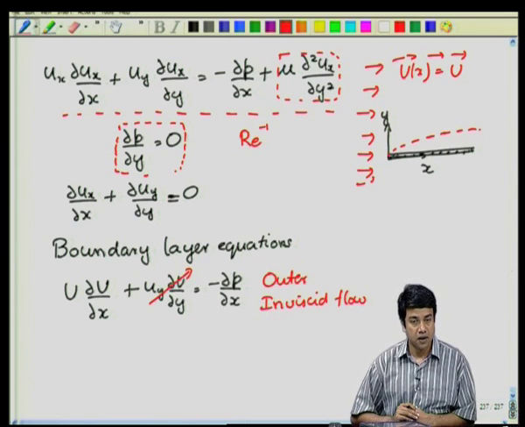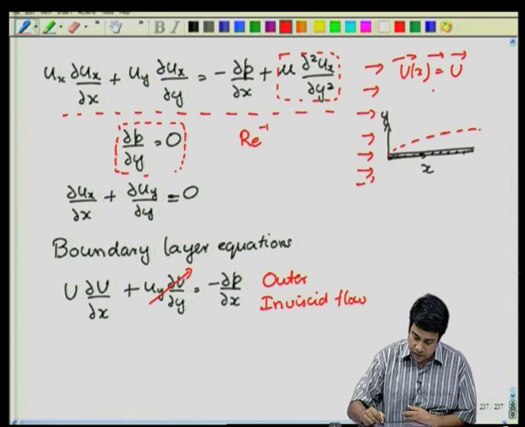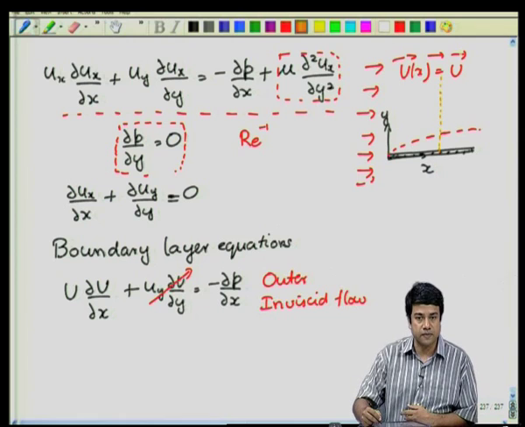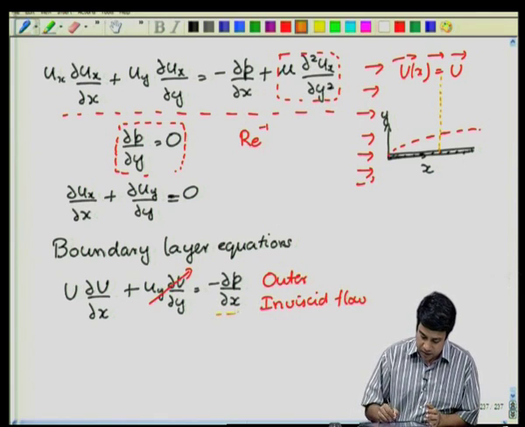However, we know that partial p by partial y is equal to 0. At a given location x, the pressure itself does not depend upon y. Regardless of what the distance from the surface is, the pressure is invariant in that direction. So, for a given x, the pressure is independent of y. In the limit as y goes to infinity, the pressure gradient is given by this.